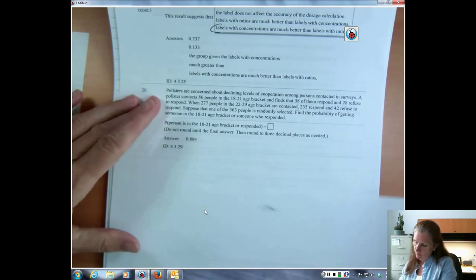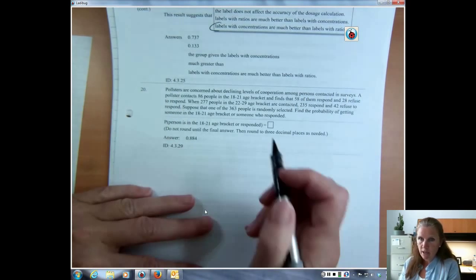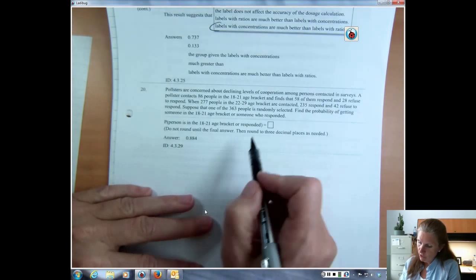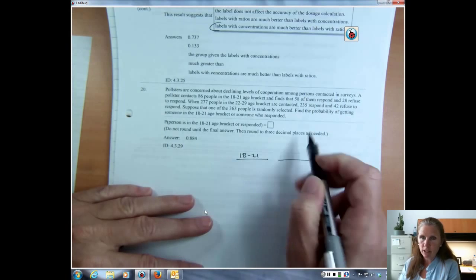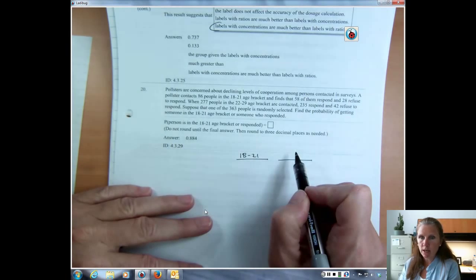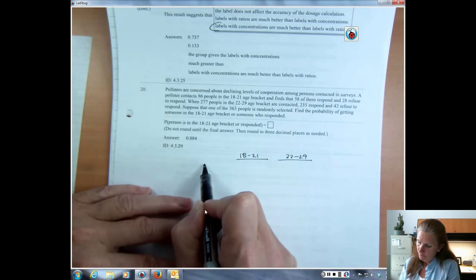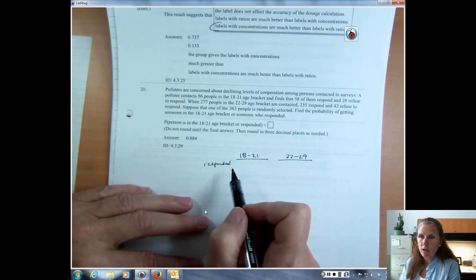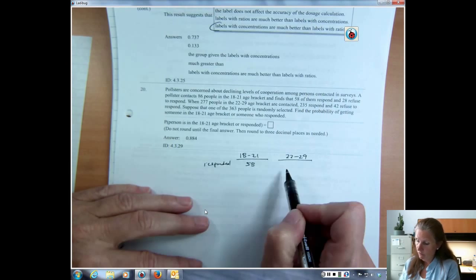Okay, well, we can see the answer there, but let's do this. Okay, so we have the 18 to 21 age bracket, and we have the 22 to 29 age bracket. For 18 to 21, 58 of them respond and 28 refuse.